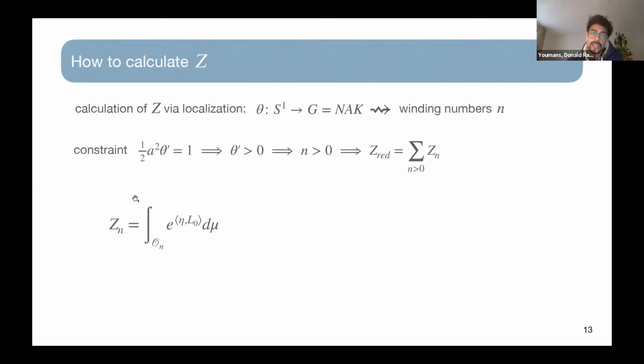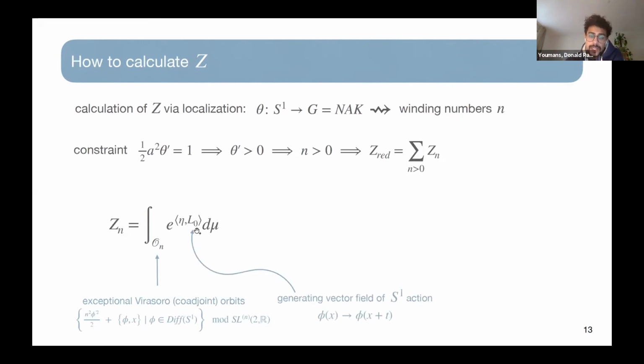They're actually integrals over certain orbits, namely exceptional Virasoro orbits, whose points just look like n squared phi dash squared over 2 plus the Schwarzian of phi of x, where phi is a diffeomorphism of S1, and one has to mod out kind of an n-fold cover of SL2R. The L0 here is actually the generating vector field of the S1 action, which just rotates the loop of the diffeomorphism.